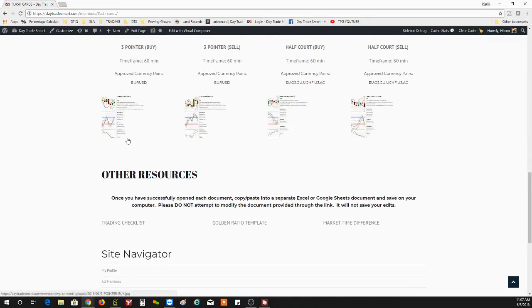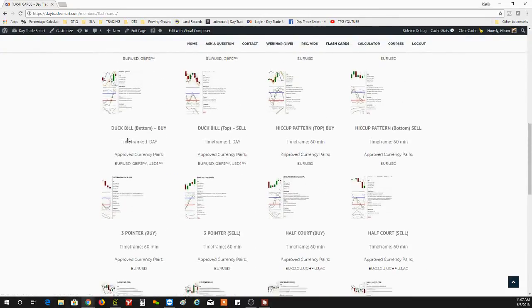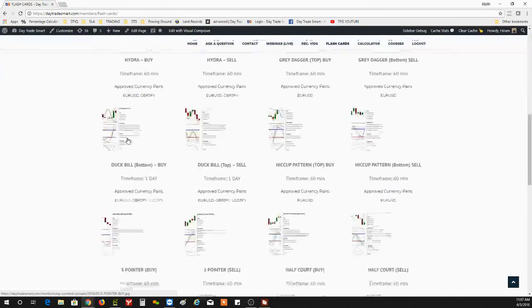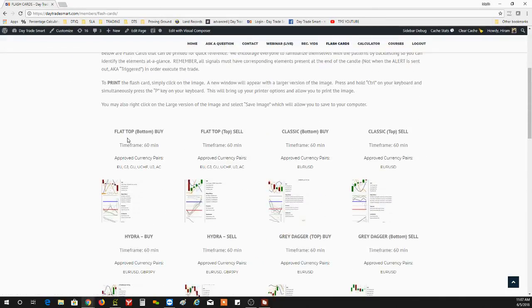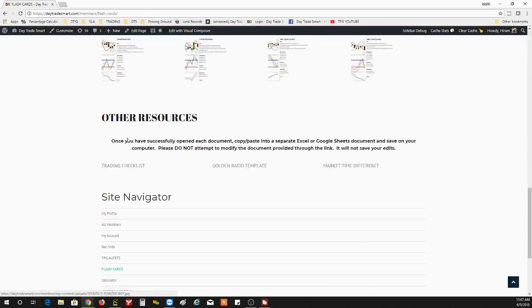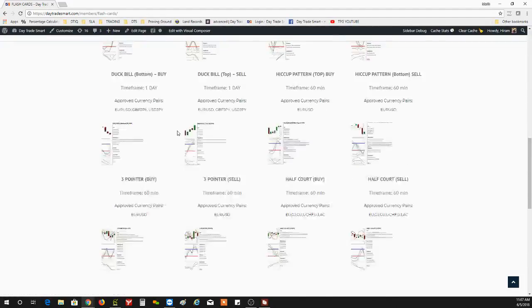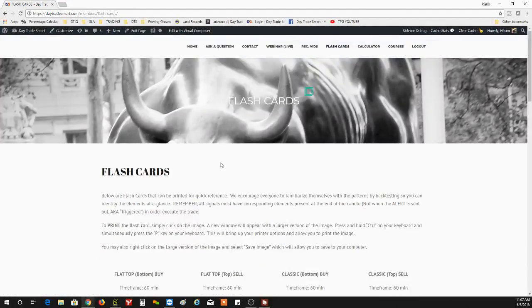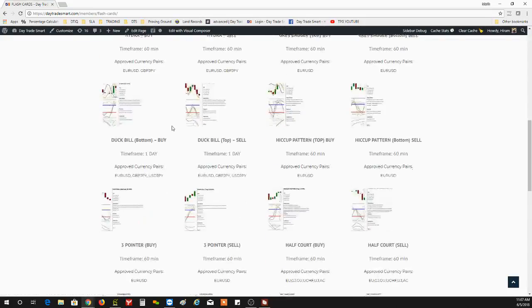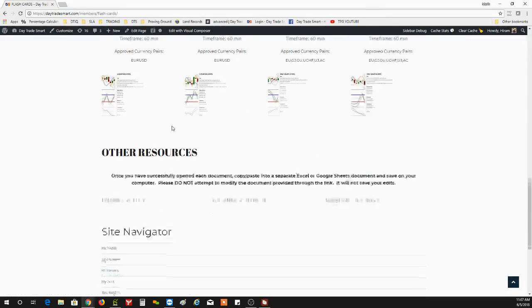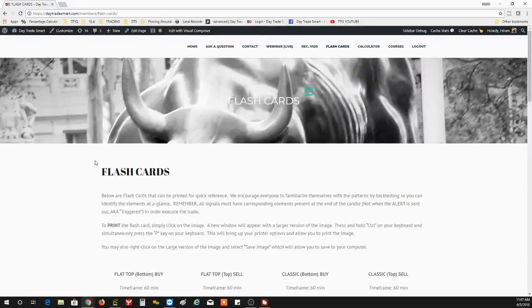What am I forgetting? Is there anything else that's alerted that is not a flashcard? I don't think so. So we have a lot of the other patterns, just not flashcards for them. So I'll create them. I just haven't gotten to it yet. I'll create them here soon.